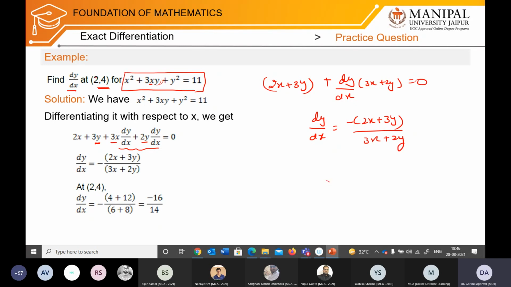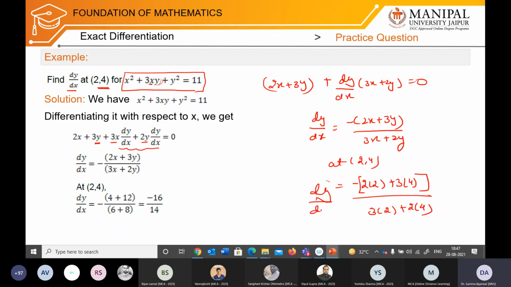Now at the point (2, 4), that means minus 2 plus 3, right?